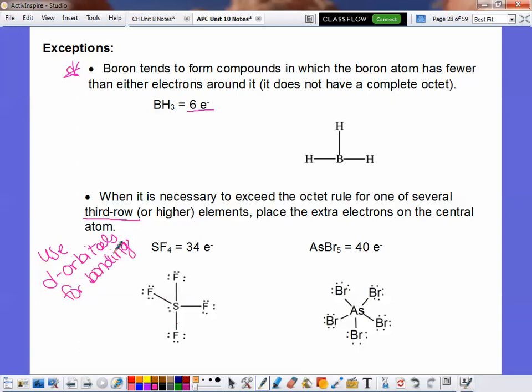They have that 3d or 4d or 5d or whatever orbitals available for bonding. If the element's in the 2nd period, it only has the s and p. And we'll talk more about that in a couple videos about how this bonding actually occurs and what's going on with those orbitals. But for right now, let's just go through some of these exceptions.